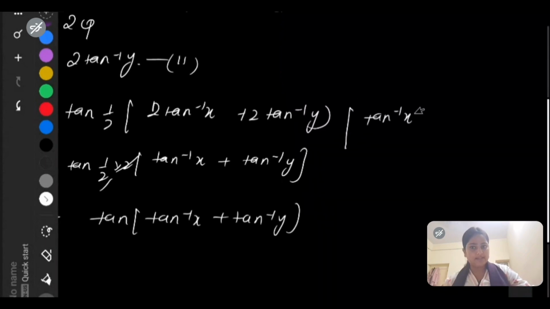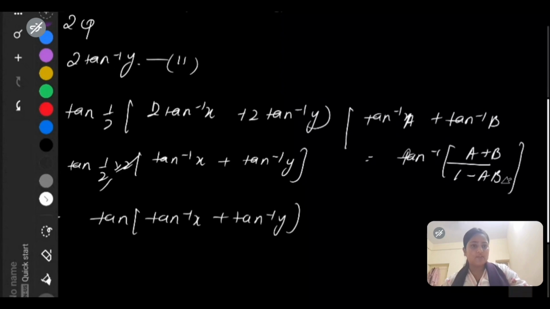Tan inverse of A plus tan inverse of B is equals to, we have plus sign here, so we'll add, tan inverse of A plus B by 1 minus A into B. This is the formula.